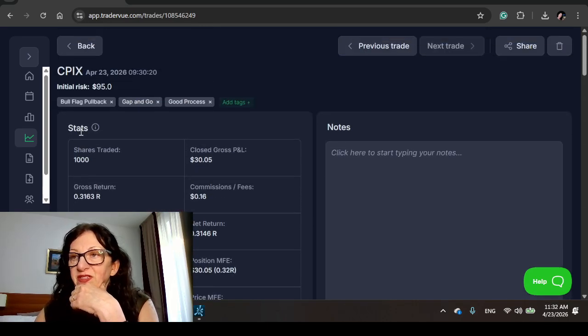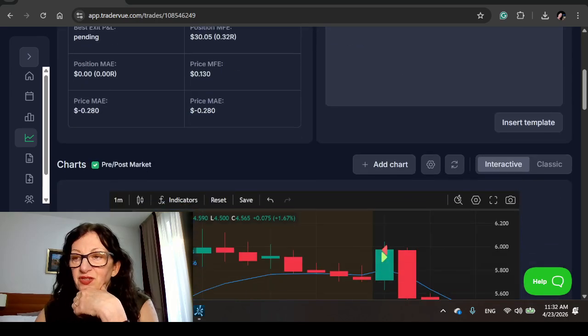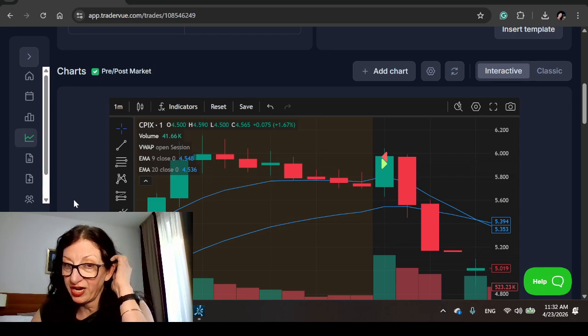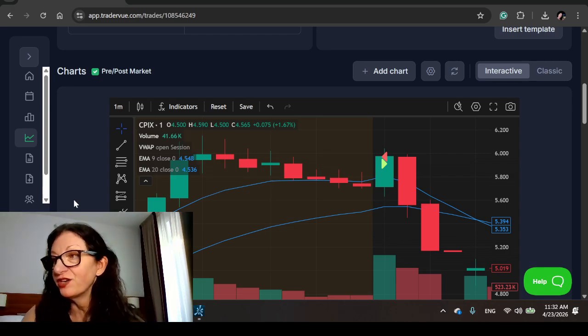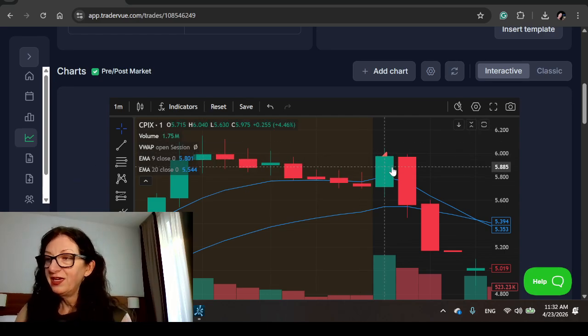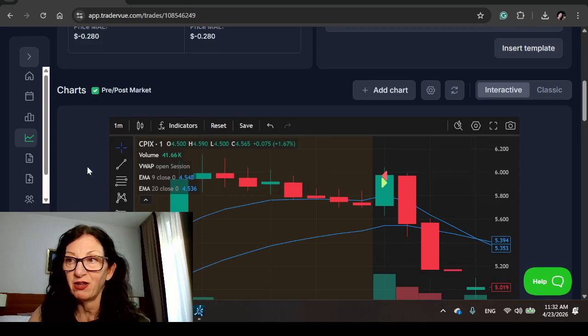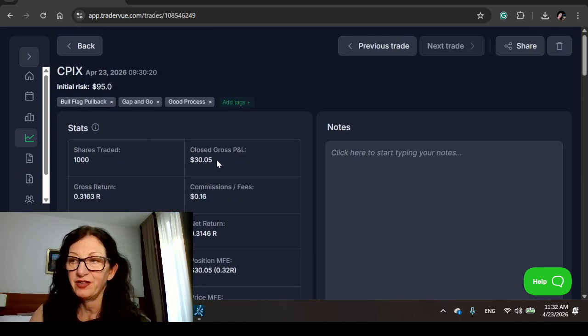So I was willing to risk $95, which is equivalent to about 20 cents a share, at 500 shares. It felt like it was hesitating and it wasn't continuing to go up. So I did sell on the bid and I got 30 cents. So 6 cents a share.